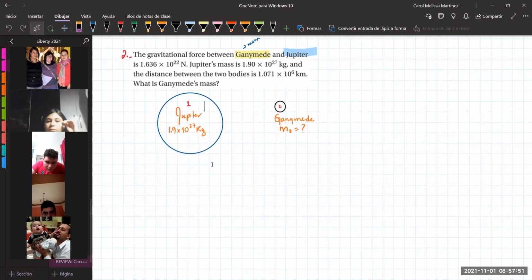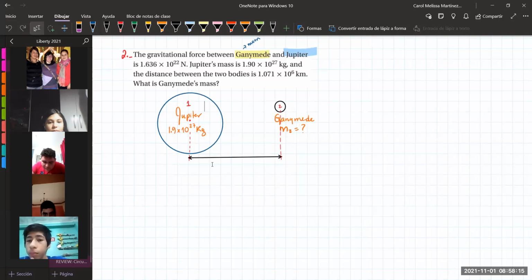What I do know is that the distance between the two masses, measured from center to center, is 1.071 times 10 to the 6th power kilometers. So those are all my givens.